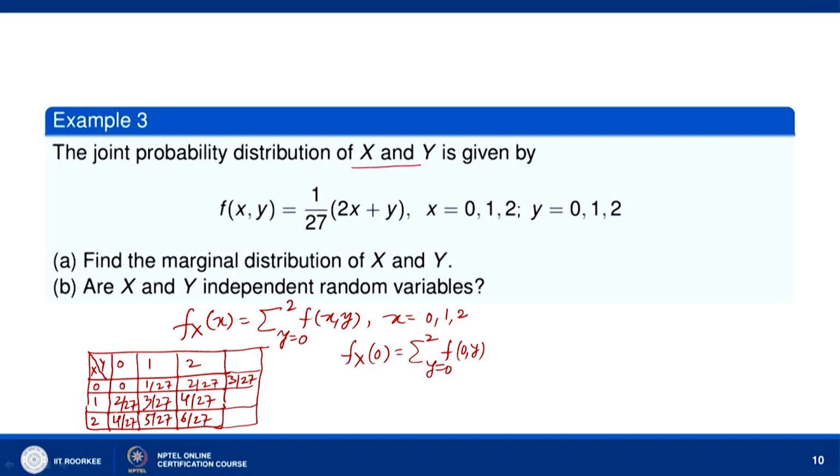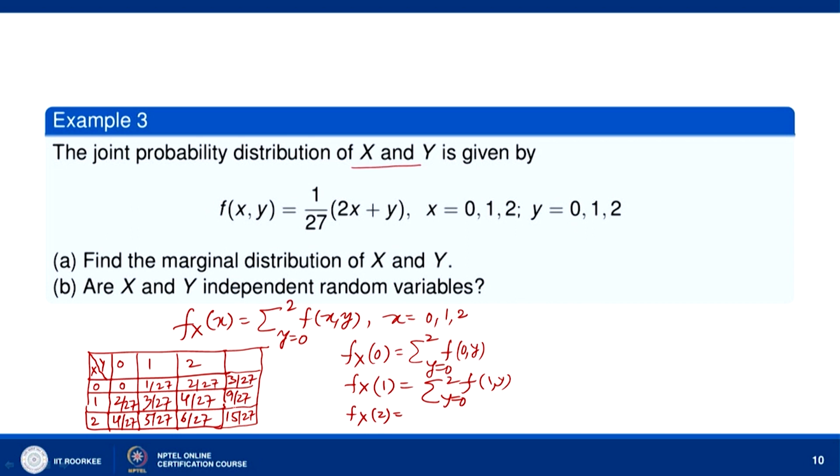When you want to find f_X(1), it will be the sum over y equal to 0 to 2 of f(1,y). So, 2 plus 3 plus 4 is 9, so 9 by 27. And then f_X(2) similarly will be 4 plus 5 plus 6, which is 15 by 27.